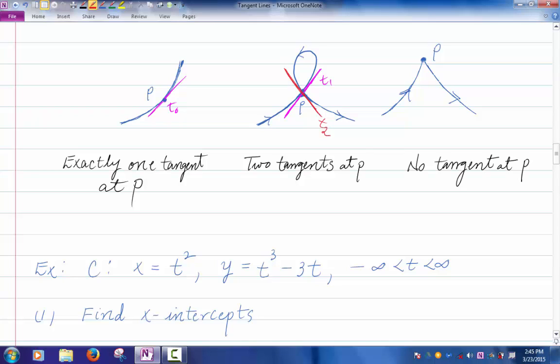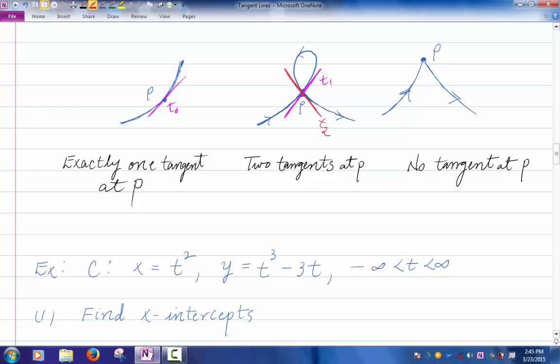Why? Think of a bug moving along the second curve. It's like a loop, right? It's making a loop at the point P. Even though I get the point P there, notice that the point P is traced at two distinct times, T1 and T2. So the object goes through the point P at some time T1, and then it comes back to the same point at another time.